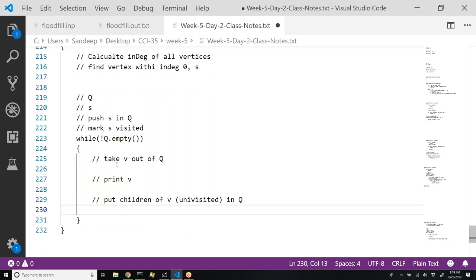In topological sort, we talked about when we start with one vertex, if we have printed the vertex, that means one dependency is over of all other vertices which were reachable from here. So what is that step?